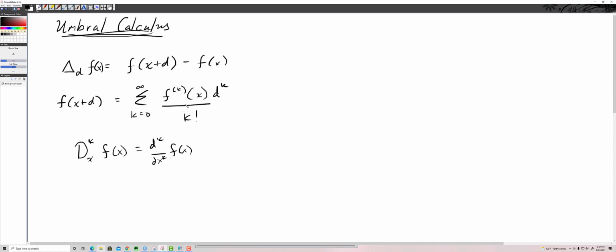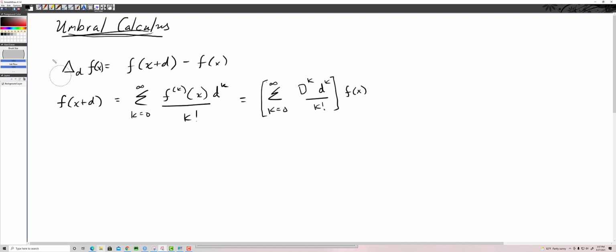And if we're writing this specifically in terms of operators, it looks something like this. I have D^k, and then lowercase d^k. This is actually a constant. This is just an operator. And I'm applying this as an operator to f of x.